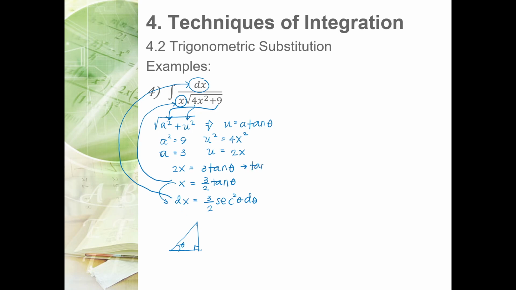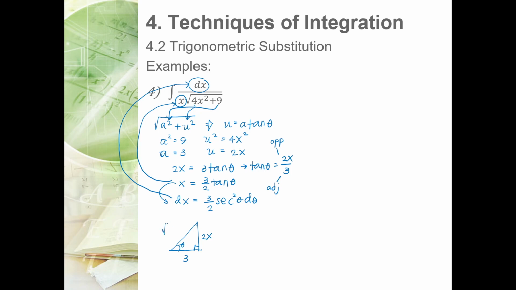So tangent theta is equal to 2x all over 3. This one is the opposite side. This one is the adjacent side of the triangle with respect to the angle theta. So this one is opposite side 2x. This one is 3.